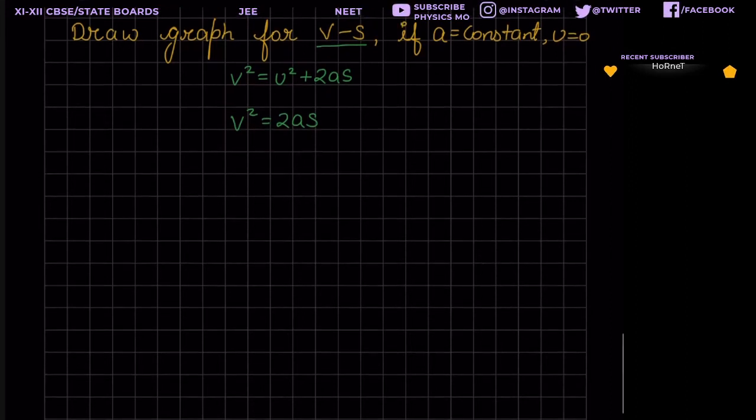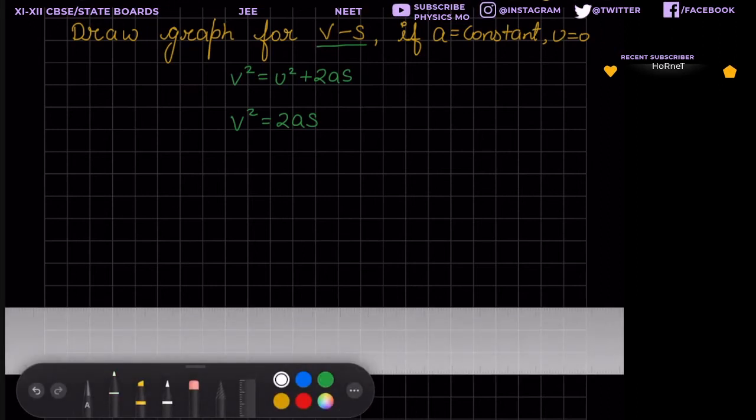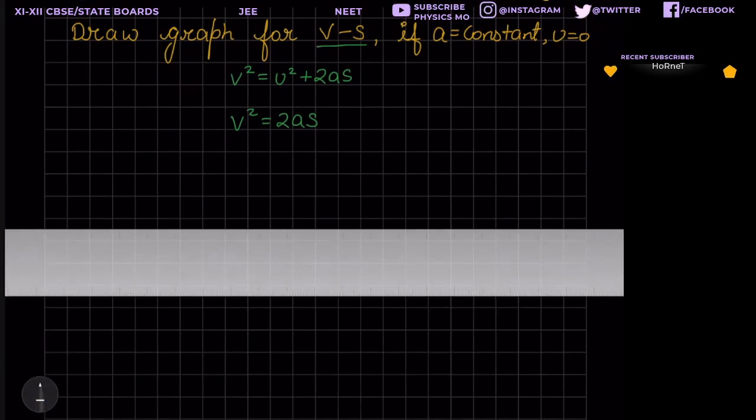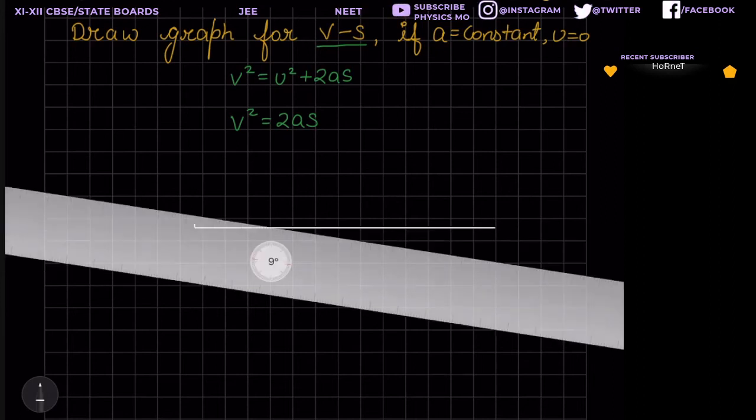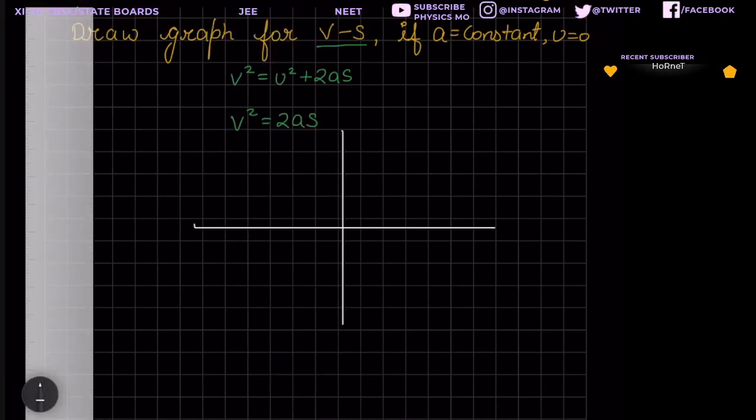Then when you draw this graph, it will be something like this: you have this x-axis, you have this y-axis, you have, let's say, displacement on one side, and velocity on the other side. Because here v is squared and s is linear, and this 2a is acting like a constant, like the constant we had above.